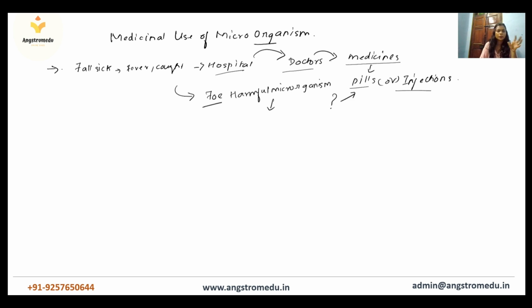Let's think that, for a cough, it is happening because of a virus. So why we are taking these pills or injections is where the role of friend microorganisms comes in.